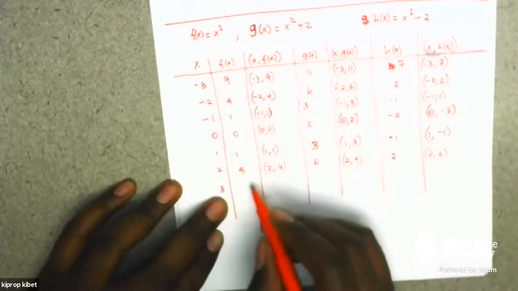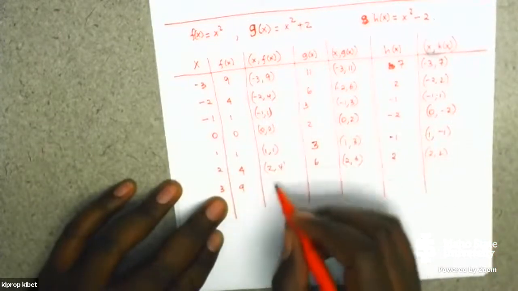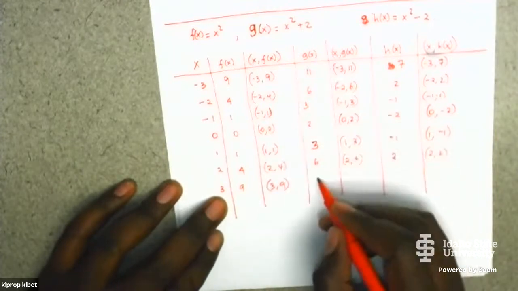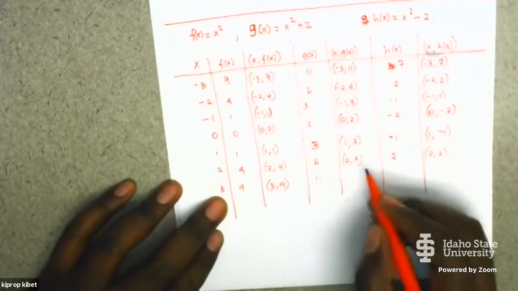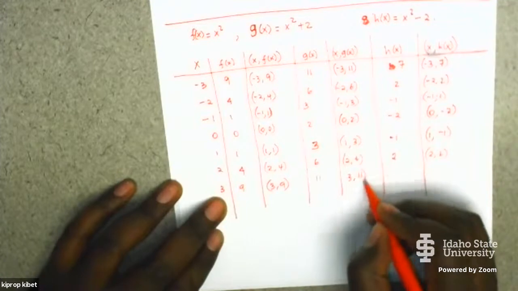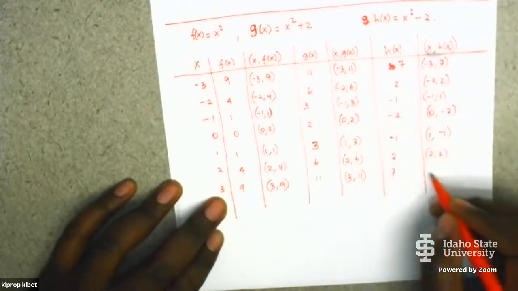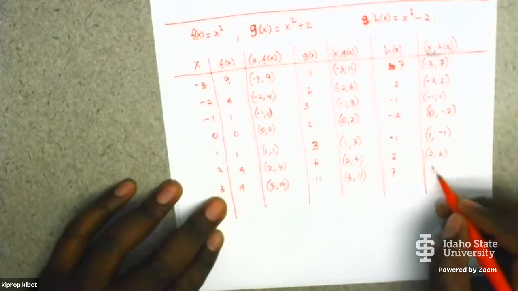Then lastly, in this case, this is 9, and then we have 3 and 9. g of x is 11, so 3 and 11. And then 9 minus 2 is 7, and then 3.